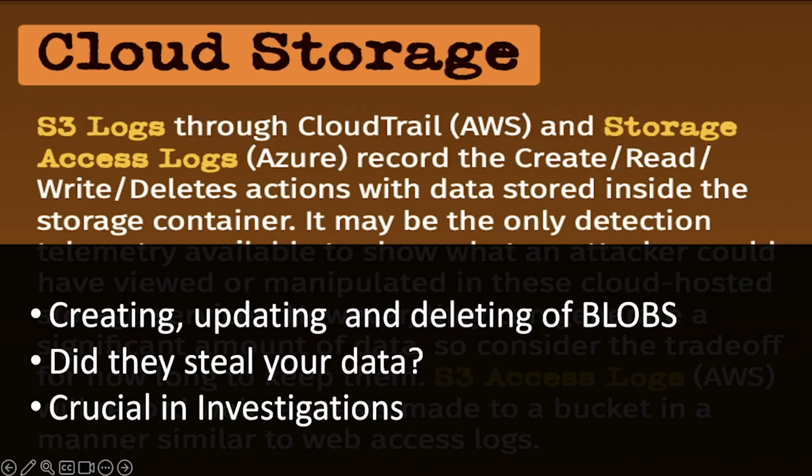If I didn't have storage logs and I saw an attacker had gained access to my environment, maybe they're in AWS and I see they've done a list buckets, or in Azure they did a list keys, I know they're poking around the storage accounts, but without turning on the storage logs, I'm not going to know what data they stole. What did they see? Was there sensitive data in there that they got access to?